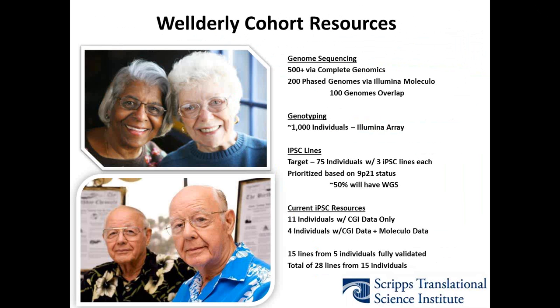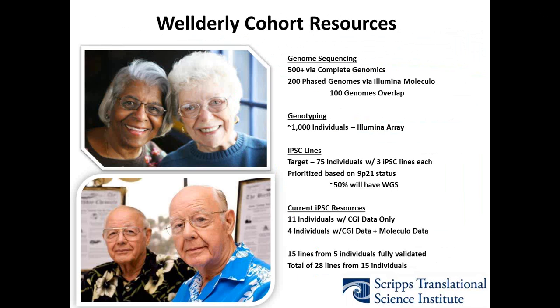So here are the actual resources that we have available. 500 of these individuals have whole genome sequencing on the Complete Genomics platform. 200 of them have phased whole genomes on the Illumina molecular platform, 100 of which overlap between these two cohorts.